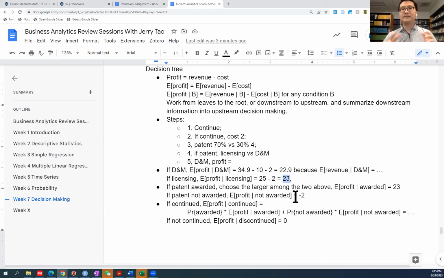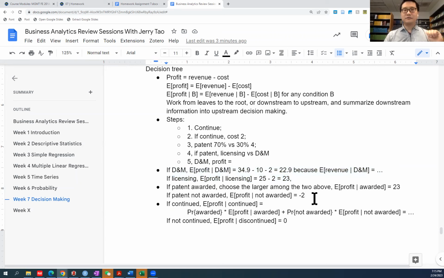That's why between development, marketing, and licensing, we would choose licensing since it gives us a larger expected profit. That completes the step, the most downstream decision making. So if we already moved to the stage of whether we should choose between development and marketing or licensing, we would choose licensing. All right.